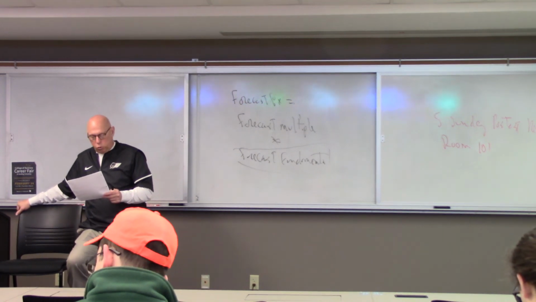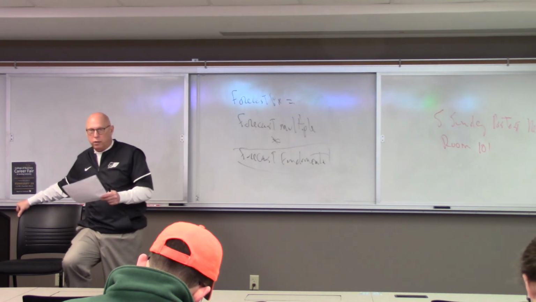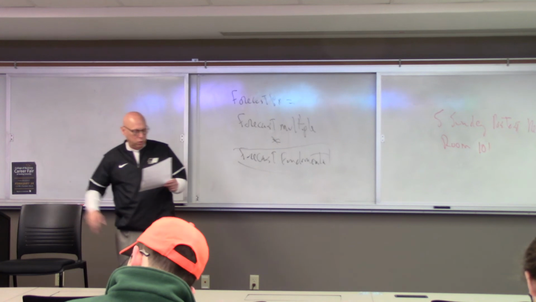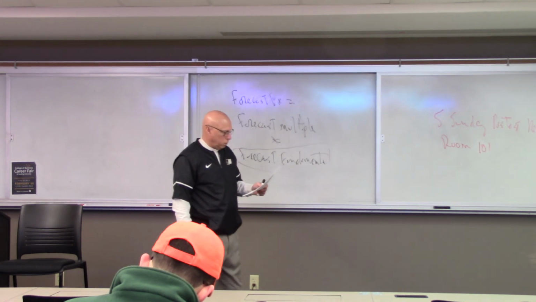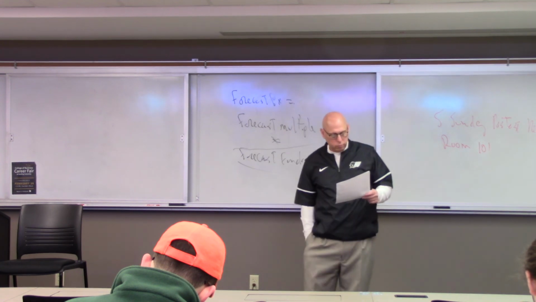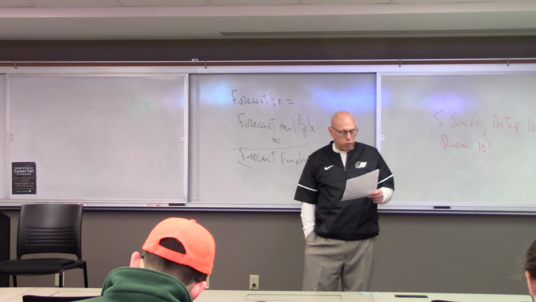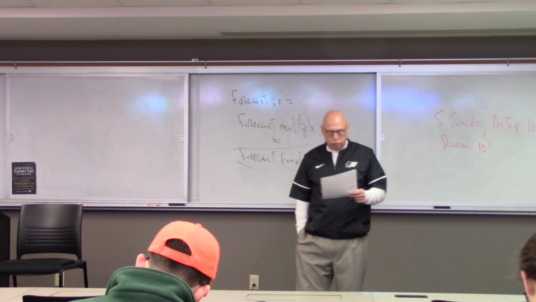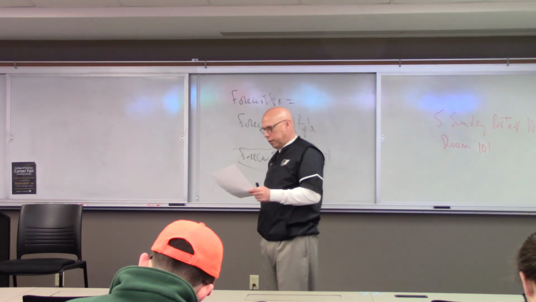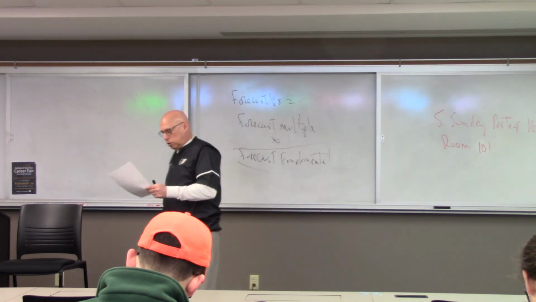The 2,400 square foot house multiplied by $131.02 is $314,448. And then the 3,200 square foot house is 3,200 times 131.02, which is $419,264.